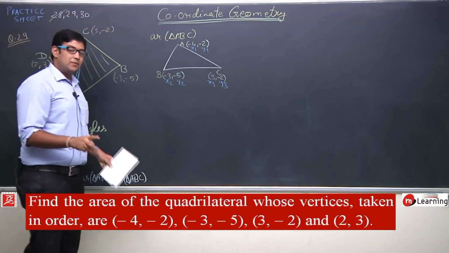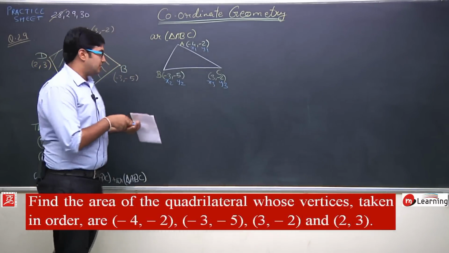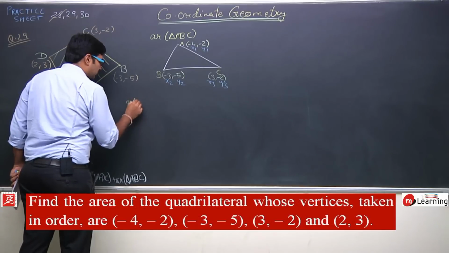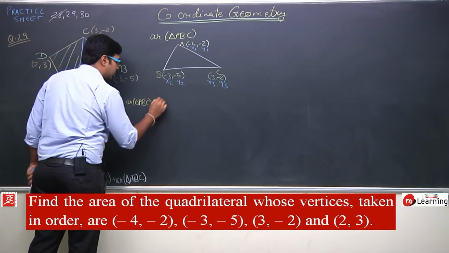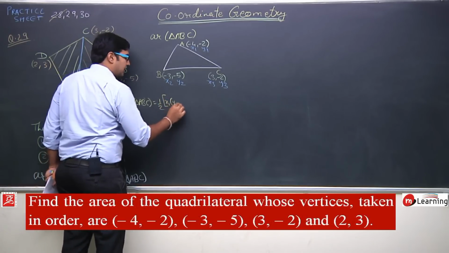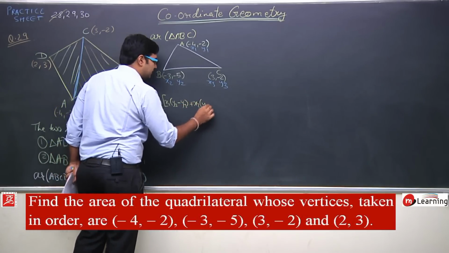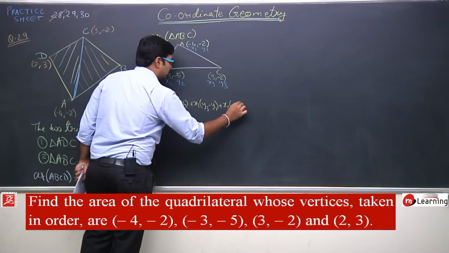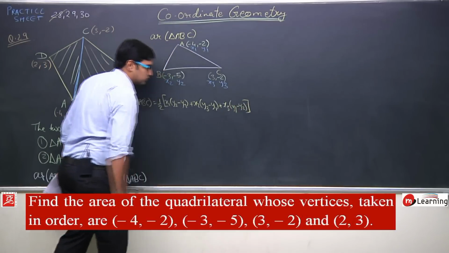Now again I am going to write the formula for area of triangle, which is very important. So area of triangle ABC is equal to half of, in brackets, x1 (y2 minus y3) plus x2 (y3 minus y1) plus x3 (y1 minus y2), bracket close.